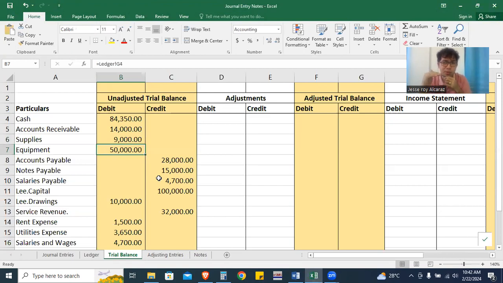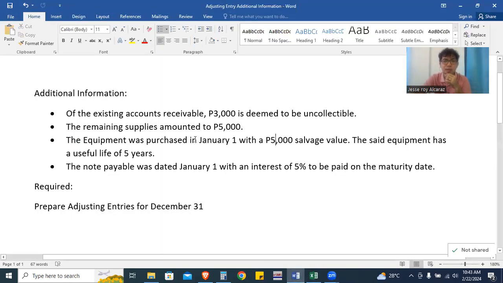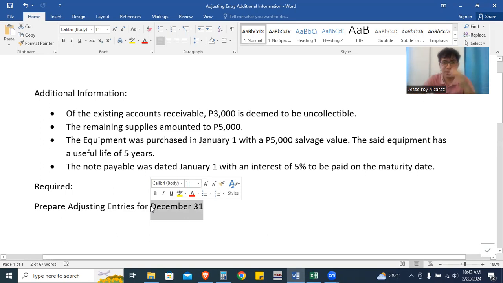And then depreciable cost divided by the useful life, we will be arriving at the annual depreciation. It is also important to take note the purchase date and the reporting date.